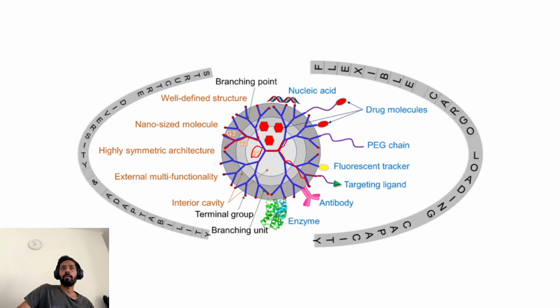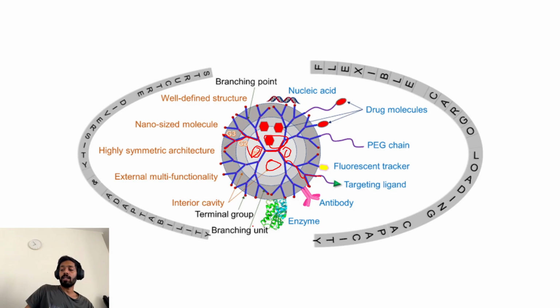But let's count the number of branches in generation 3. 1, 2, 3, 4, 5, 6, 7, 8, 9, 10, 11, 12, 13, 14, 15, 16, 17, 18, 19, 20, 23. Whatever, a lot more branches than the six branches that we see in generation 1, right? And you can see it's much more closely packed in generation 3 than in generation 1. Generation 1 has a lot of empty space. All this is empty space. But generation 3 has very little empty space because of so many branches being there.